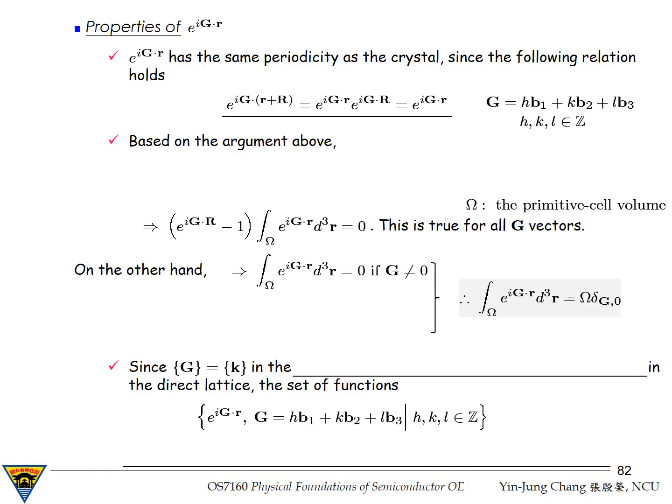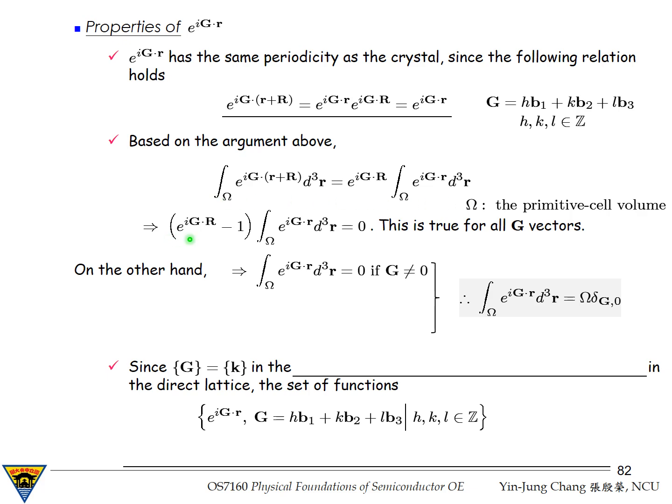Now let's discuss the second important property, the integral of e^(ig·r) over one primitive cell volume. Based on the argument above, if we integrate e^(ig·(r+R)) over the volume of one primitive cell, we immediately obtain this expression.